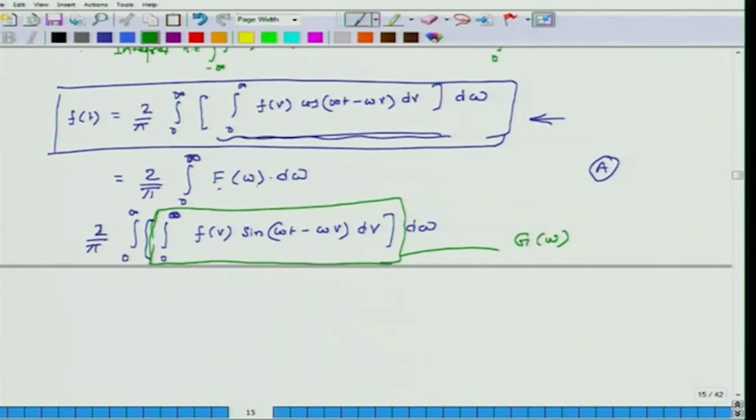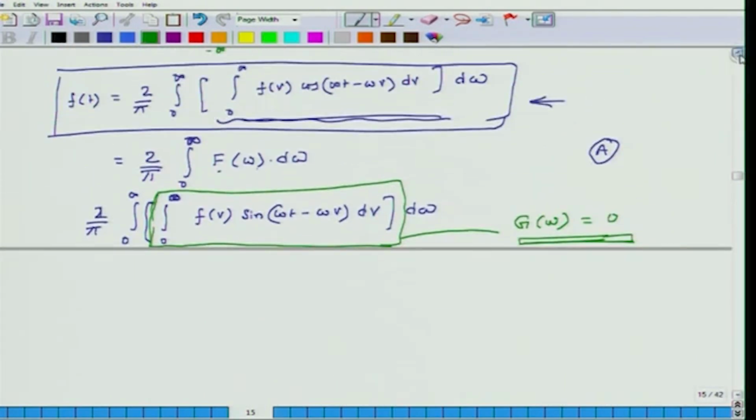And here I am going to straight away say that this is equal to 0, because this sine is an odd function, and if you go to our earlier discussion, you will find that if you do the requisite math, this thing is 0.